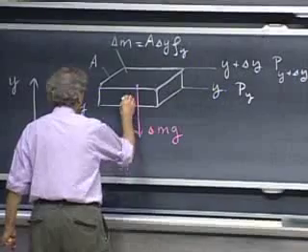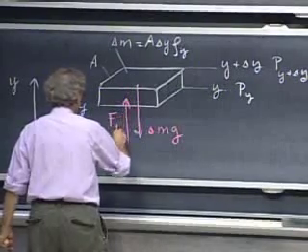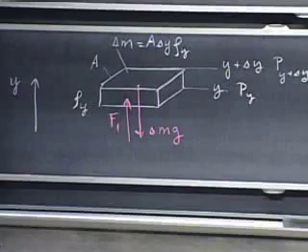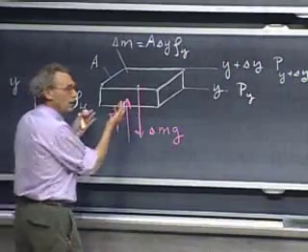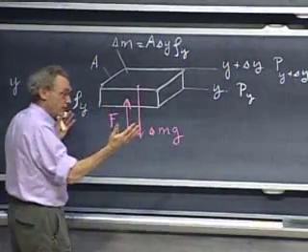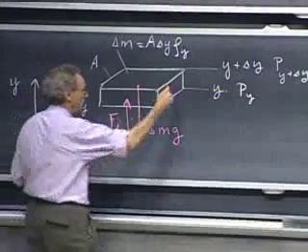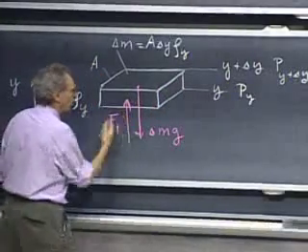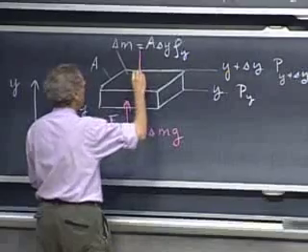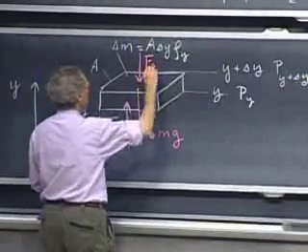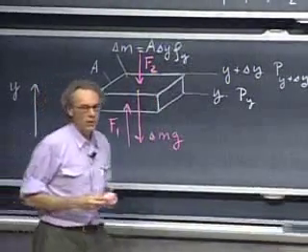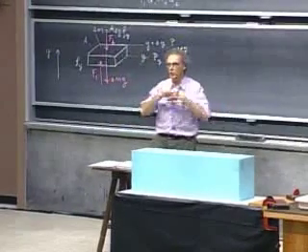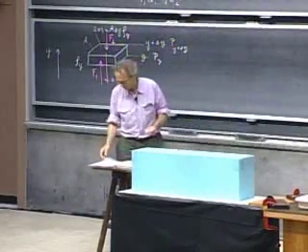Then I have a force upwards due to the pressure of the fluid. That's what we want to evaluate. It's always perpendicular to the surfaces. We talked about that earlier. So on this side it comes in like this, and here it comes in like this, the force. From the bottom it comes in like this, and from the top I call this F2. I only consider the vertical direction because all forces in the horizontal plane will cancel for obvious reasons.